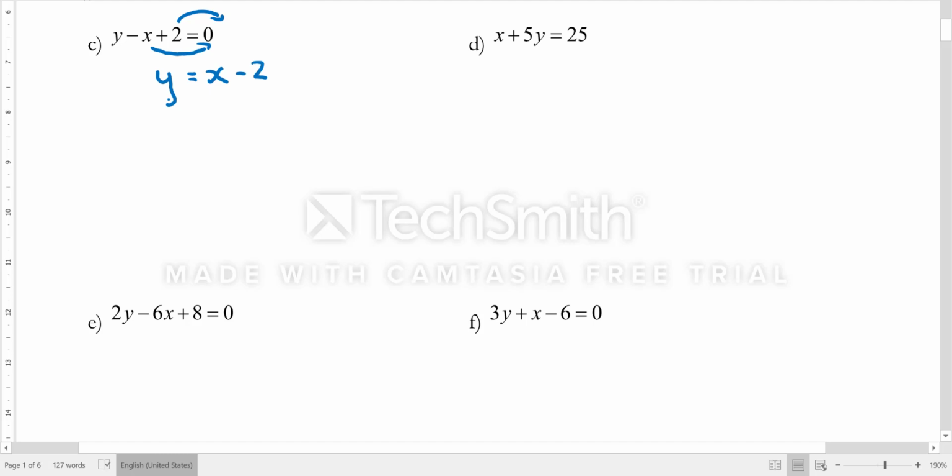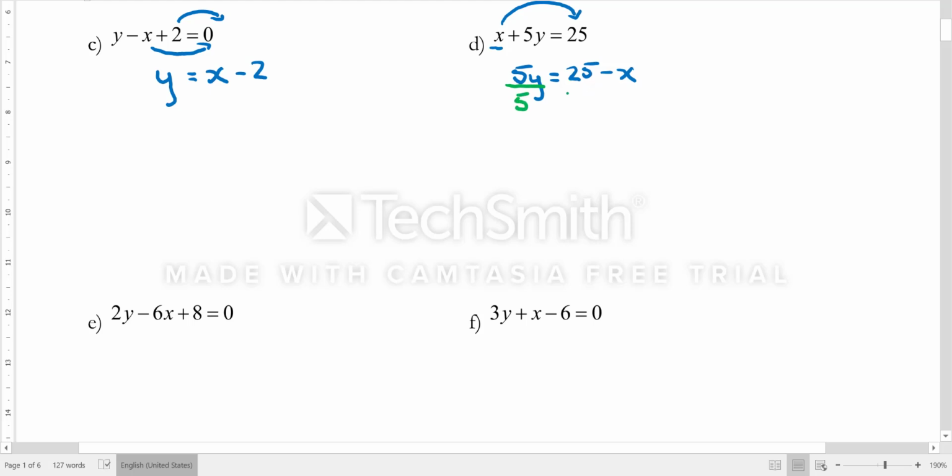I'm going to do one more as a practice. You're going to take every term that's not the y and move it to the other side of the equal sign. So this value comes onto the other side, so it becomes 25 minus x, and you're left with 5y on this side. But you're not done at this step. You still have to do one more calculation, and that means getting y by itself requires you to divide by that 5 here.